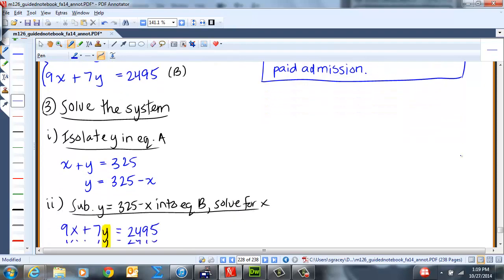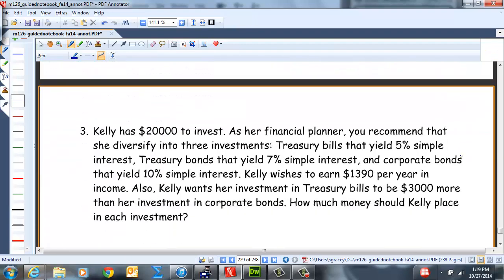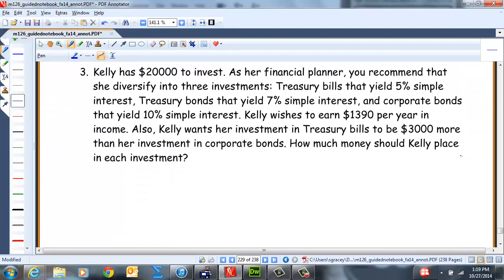Okay, so on to the next fun math problem, an investment problem. So Kelly has $20,000 to invest. As her financial planner, you recommend that she diversify into 3 investments.